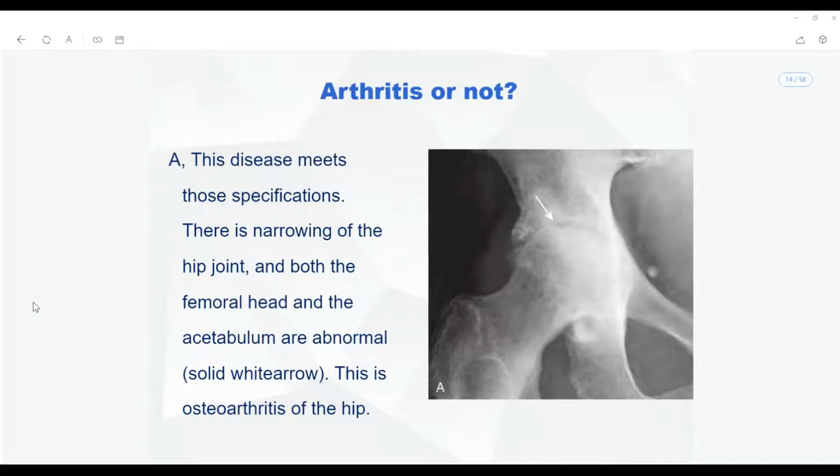So that one is mentioned as an arthritis. So in this X-ray, this is the femoral head and this is the acetabulum. Okay, and you can see here there is a clear reduction of the joint space. So this clear reduction of the joint space obviously indicates that it is an arthritis condition.